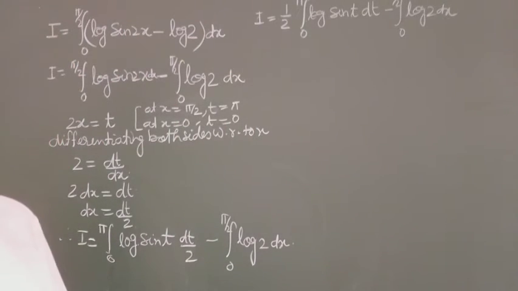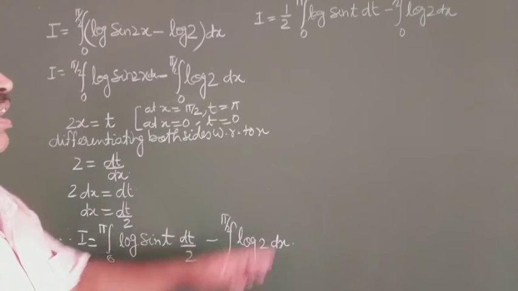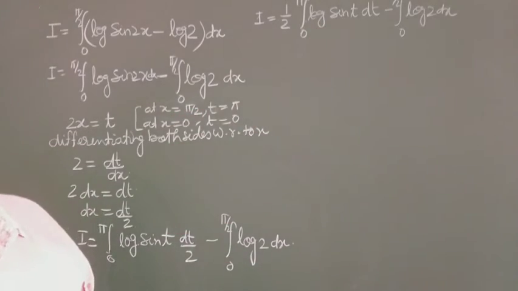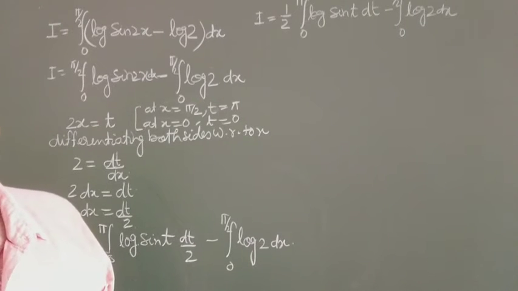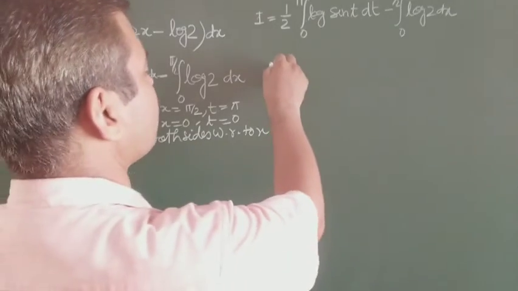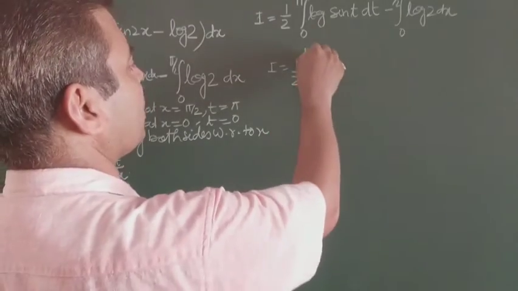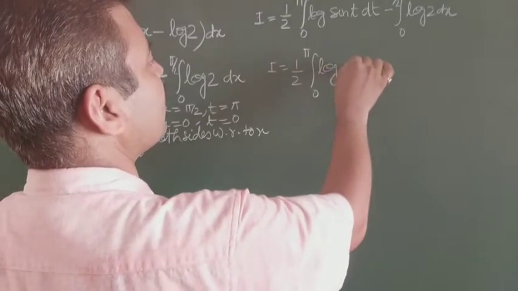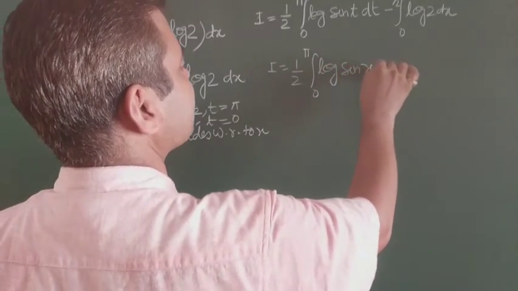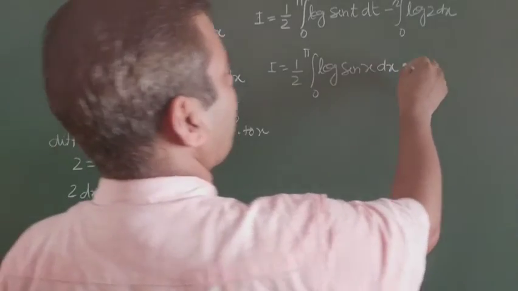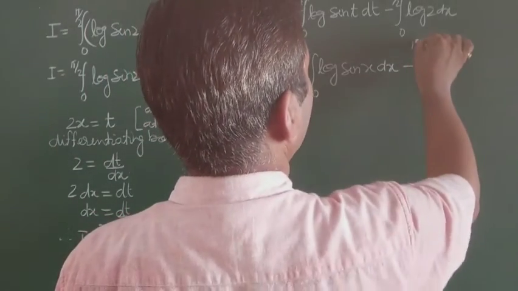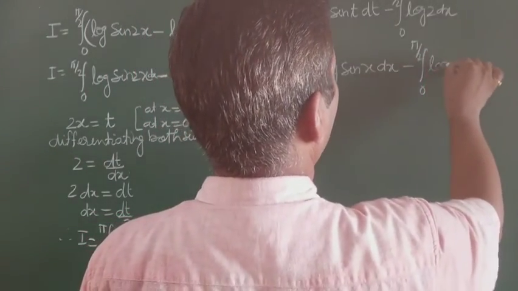Now students, we are going to use next property. If we change the variable, at the place of t we can write x, then answer will be same. So I equals to 1 upon 2 integral 0 to pi log sin x dx minus 0 to pi by 2 log 2 dx.